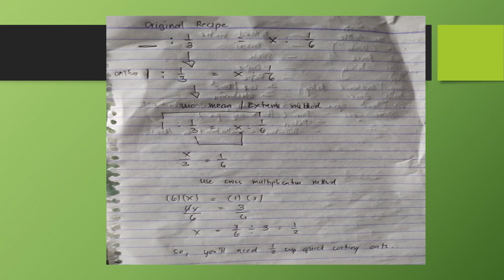Tapos colon, 1/3 is equivalent to x is to 1/6. Si 1/3 dito, yun yung nasa original recipe. Si 1/6 naman dito, ito yung meron na lang si Karen. Okay. Si x, ito yung hinahanap natin. Diba? Sabi natin, ilan na lang ang magiging recipe kung 1/6 na lang daw yung syrup na meron si Karen.